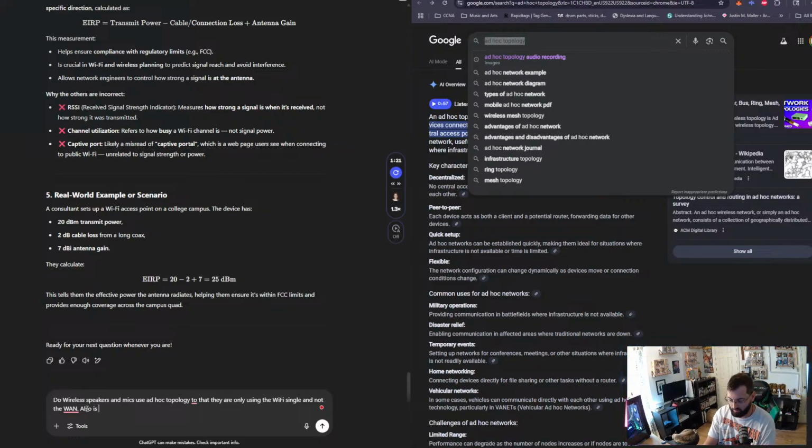Also, is topology basically a... but for Wi-Fi?